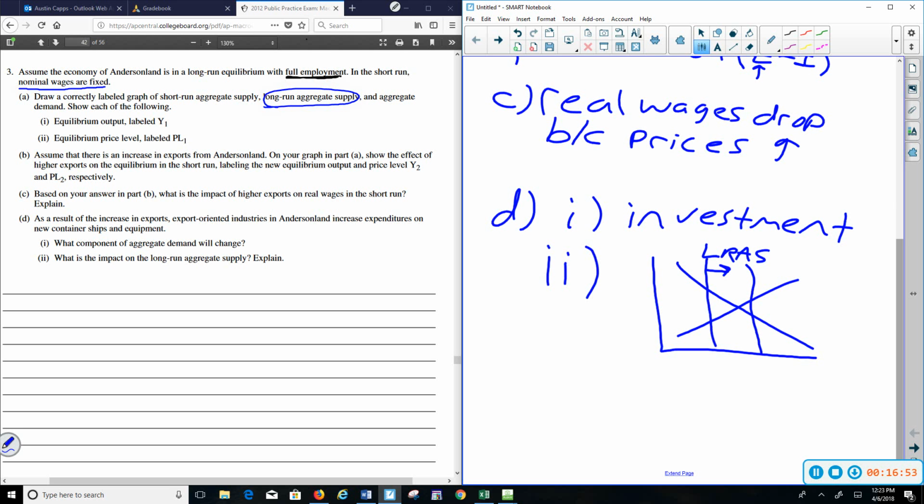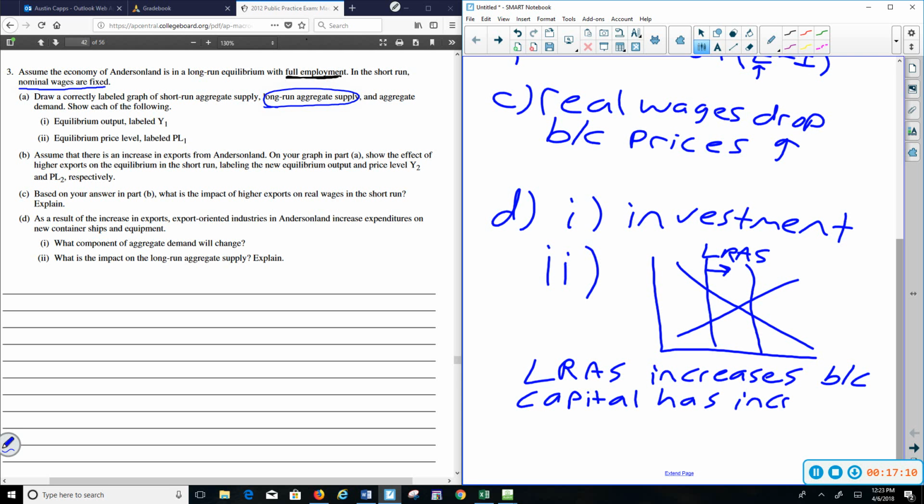So to state that in words, what is the impact on long-run aggregate supply? Long-run aggregate supply increases because capital has increased. All right, that's it for that question.